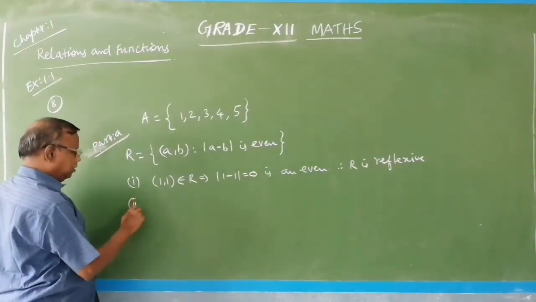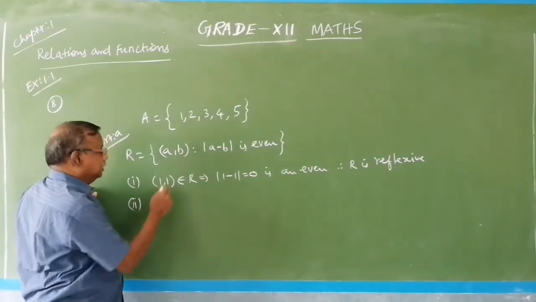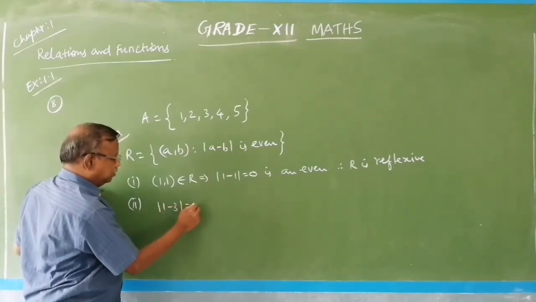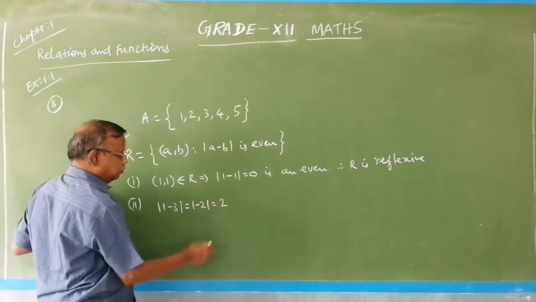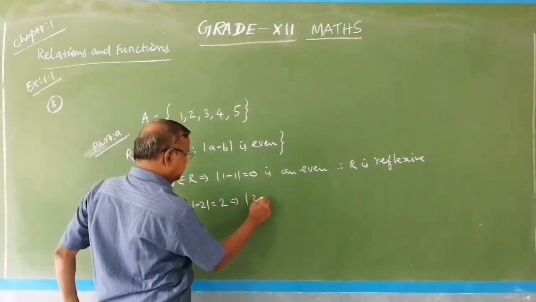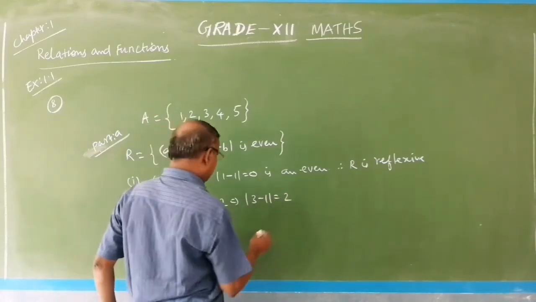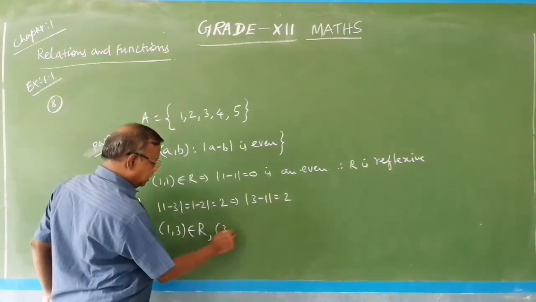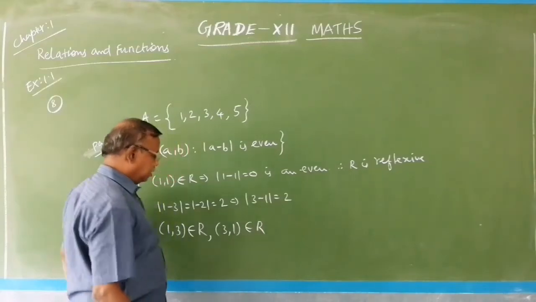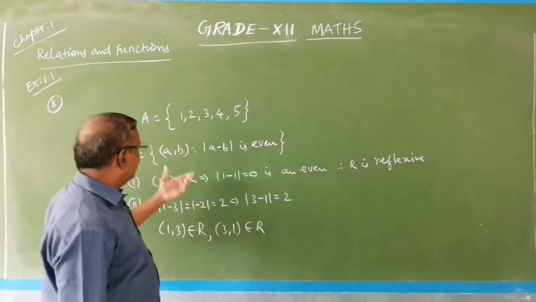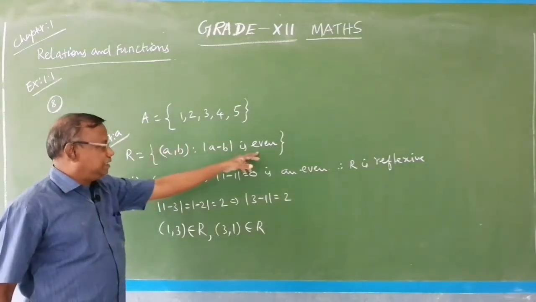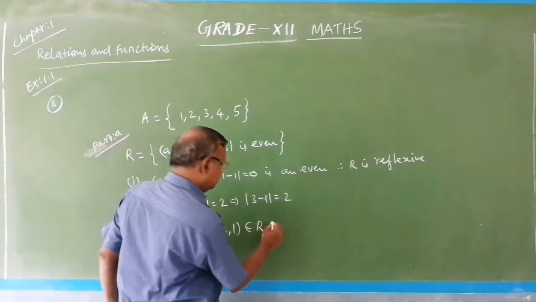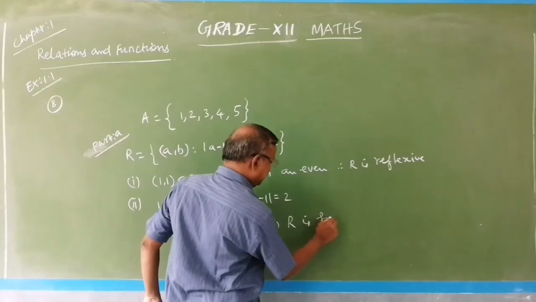Now, second one. The modulus of 1 minus 3 equals modulus of minus 2, which equals 2, and we have modulus of 3 minus 1 is equal to 2. So, if (1, 3) belongs to R, we have (3, 1) also an element of R. Therefore, for every (a, b) belonging to R, the reverse, (b, a), is also an element of R. So, R is symmetric.